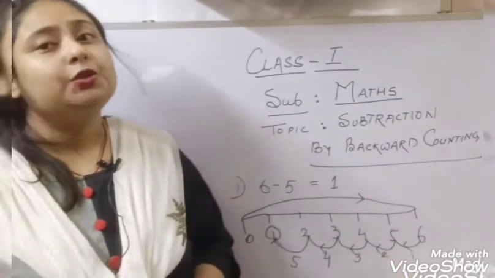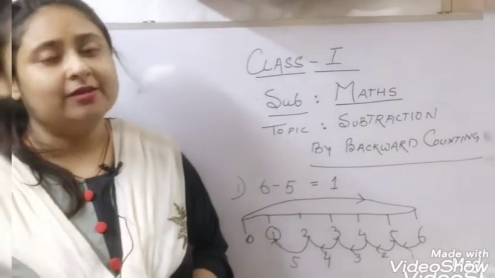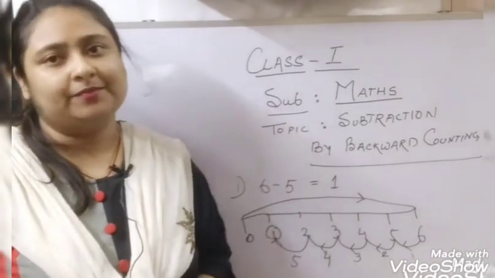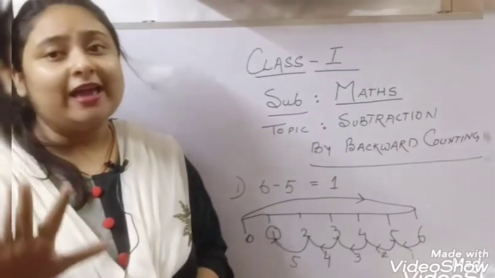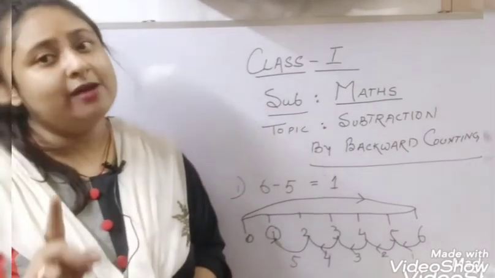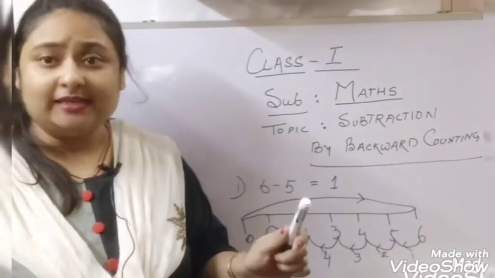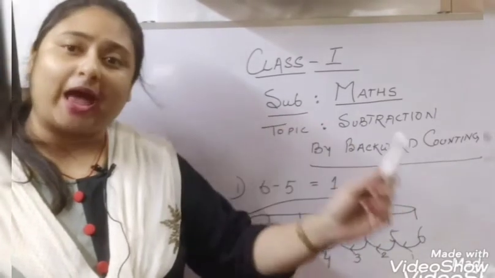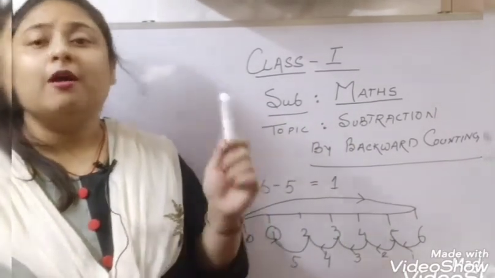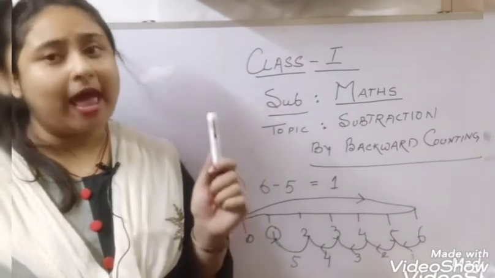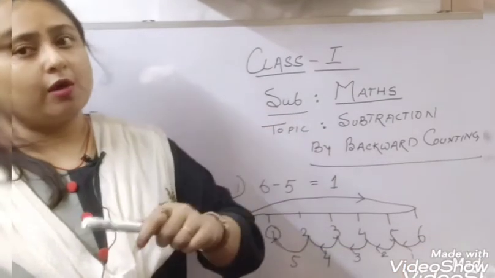Now, to show the subtraction of minus 5 from 6, we need to draw 5 small arrows starting from 6, that is, starting from backwards. We have to draw 5 small arrows starting from backwards towards 0.